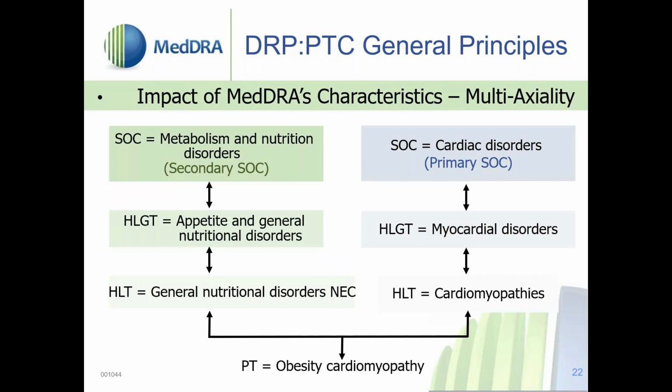But then you see that there is a secondary SOC, which is SOC metabolism and nutrition disorders, and which represents the etiology of the condition. So it's linked to that via HLT general nutritional disorders NEC, and HLGT appetite and general nutritional disorders.